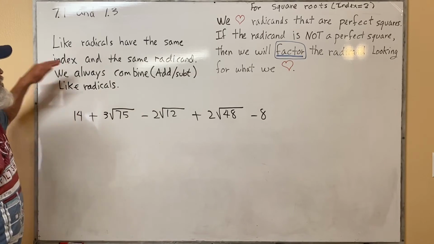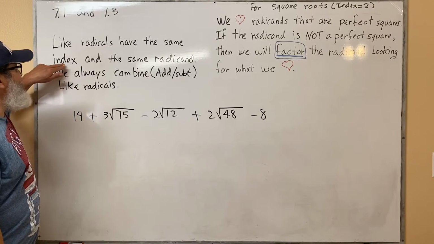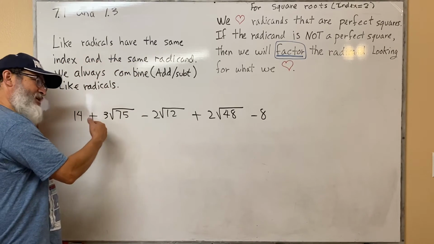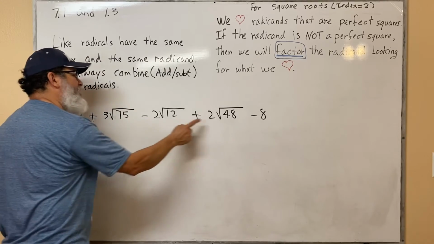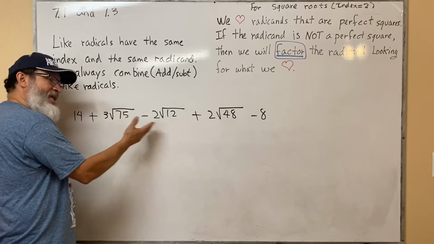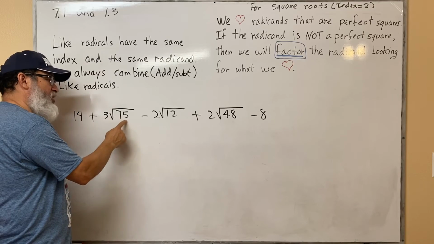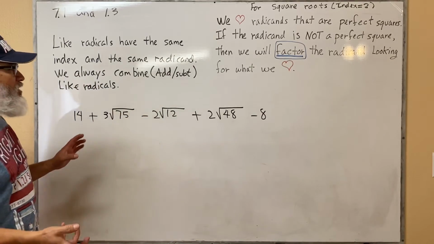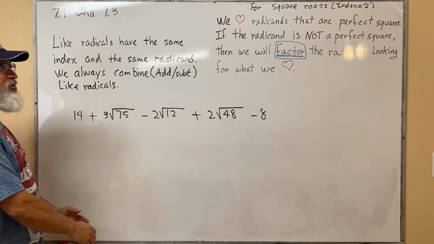They must have the same index and the same radicand. They all have the same index, but do they have the same radicand? 75, 12. No, they don't. And so the question is, are they like radicals?